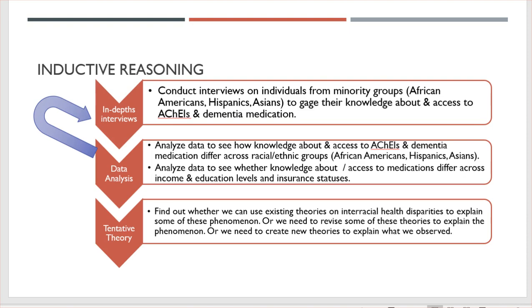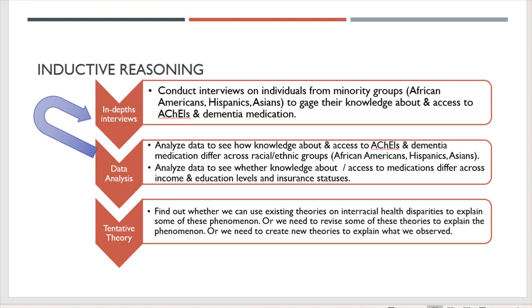We try to find a few tentative, suitable theories about this problem. We try to find out whether existing theory on ethnic racial inequalities, or ethnic racial inequalities in health, can be used to explain racial differences in knowledge about and access to Alzheimer's and dementia drugs.